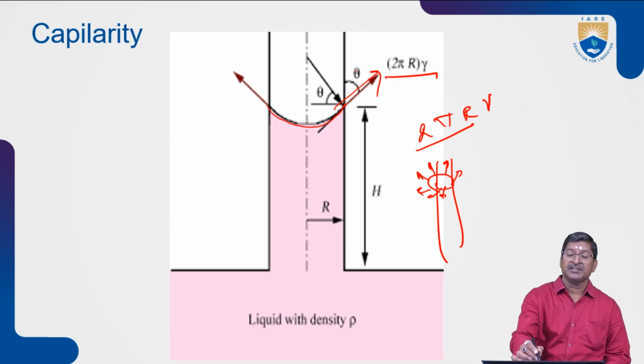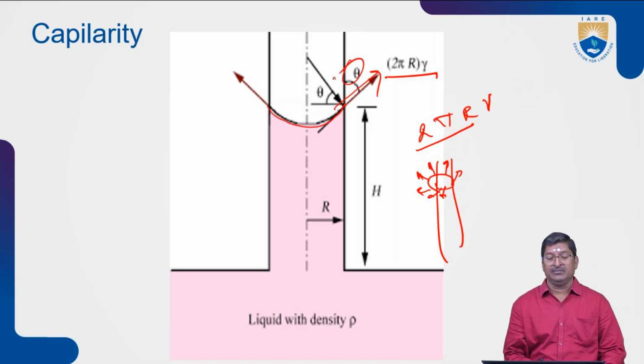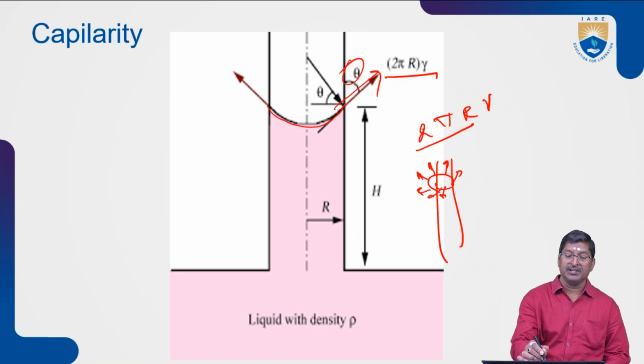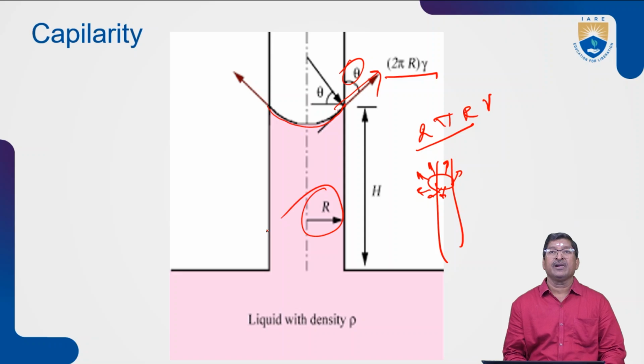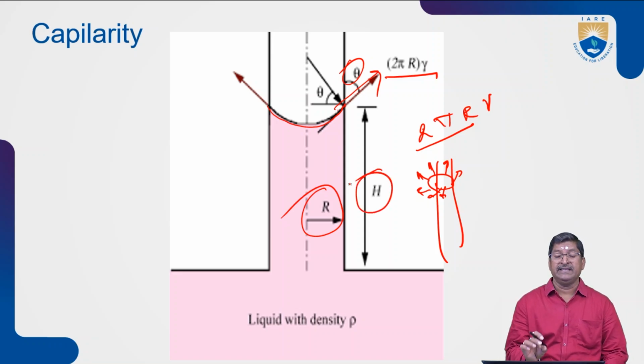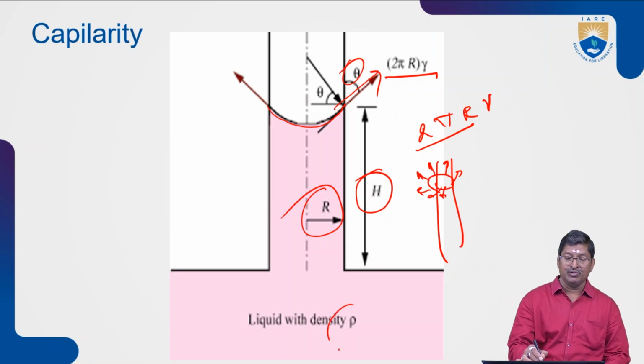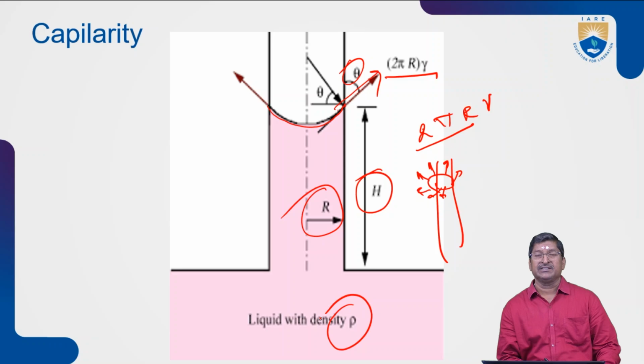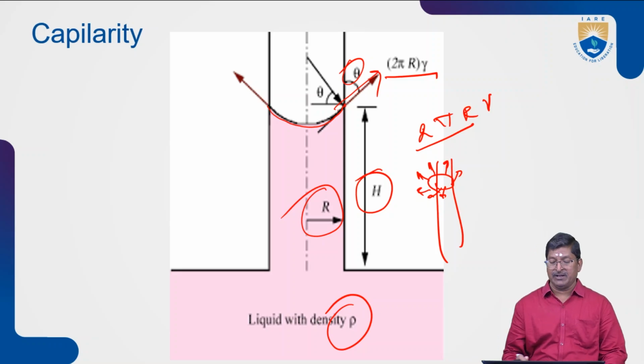Okay, and this theta is the contact angle, r is the radius of the small tube, h is the height of rise of that particular liquid, and rho is the density of that liquid.